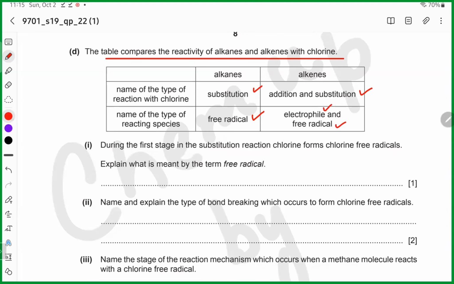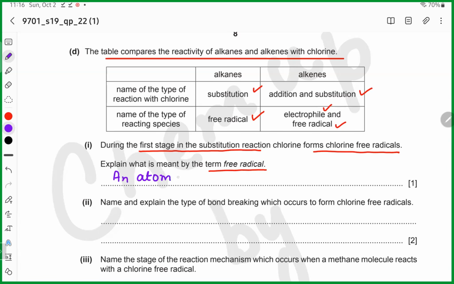Yes. Okay. Now, during the first stage in the substitution reaction, chlorine forms chlorine free radicals. What is meant by the term free radical? Can anybody tell me what a free radical is? An atom with unpaired electrons. Okay, but it's not necessarily an atom. It can be an atom or a group of atoms.